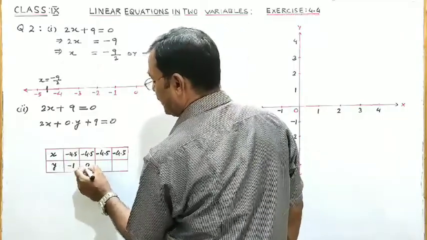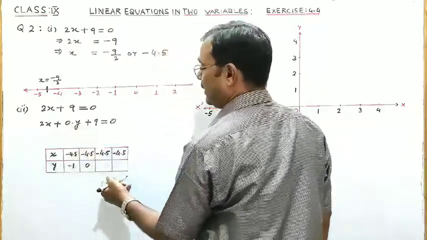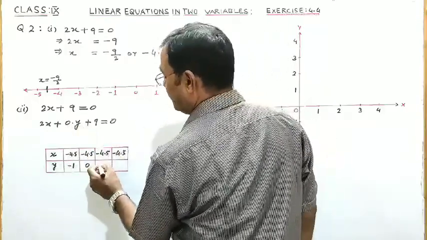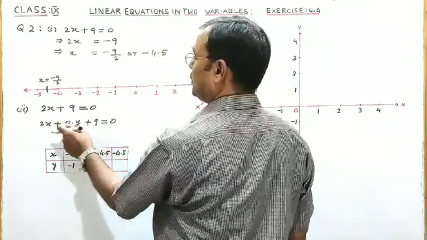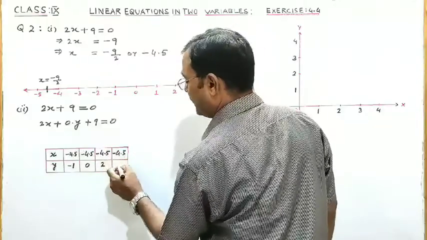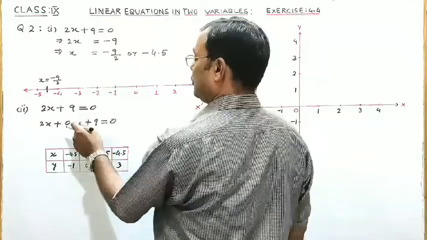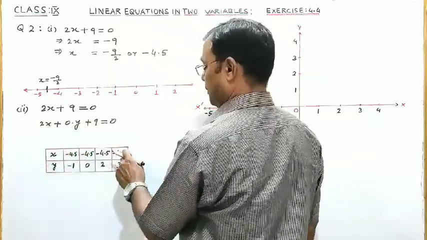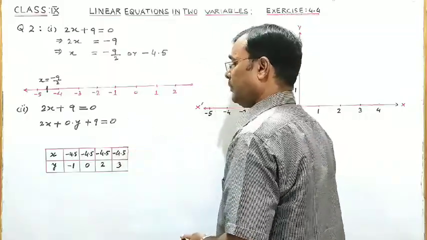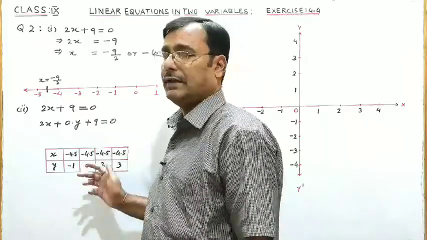If you write y equal to 0, then 0 into 0 is 0, so x equal to minus 4.5. If you write y equal to 2, then also 2 into 0 is 0, x equal to minus 4.5. If you write y equal to 3, then also 3 into 0 is 0, and the value of x will be minus 4.5. Even we can write many more solutions of this linear equation.